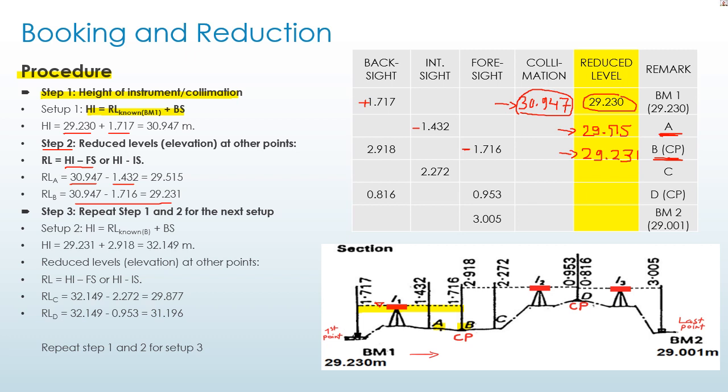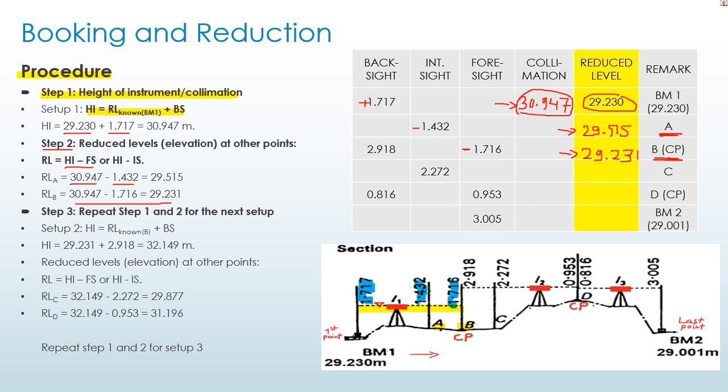So now we've finished the first setup. From benchmark 1, you calculate the reduced level of point A and point B. So now we move to the next setup. So you have a new height of collimation or height of instrument. So you're going to repeat step number 1 and step number 2 for the next setup.